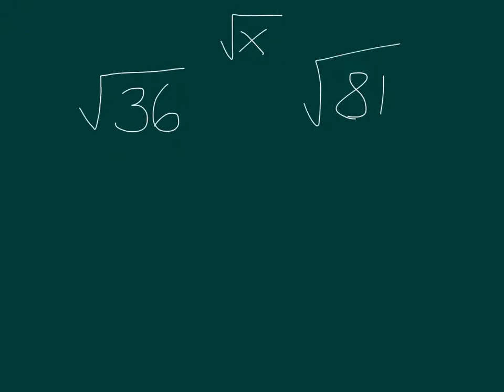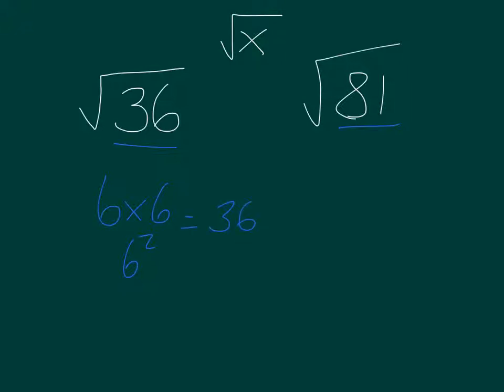So here I have 2 square numbers, 36 and 81. Both of those are made up of one number multiplied by itself, or one number squared. So I just have to think to myself, what number multiplied by itself, or squared, equals 36? Well, I should hopefully be able to remember that 6 multiplied by 6, or 6 squared, equals 36.